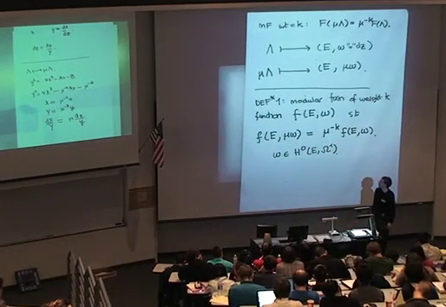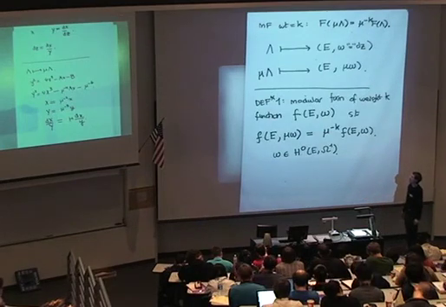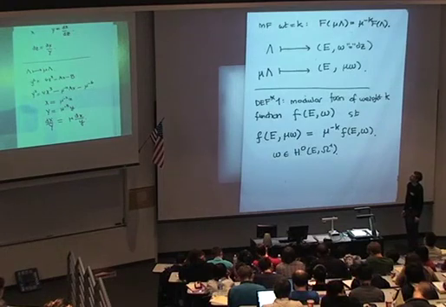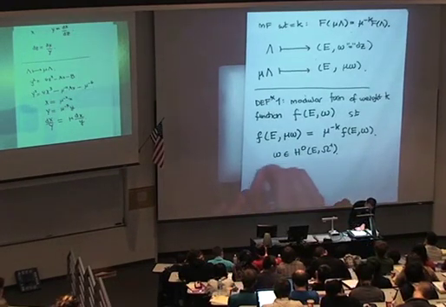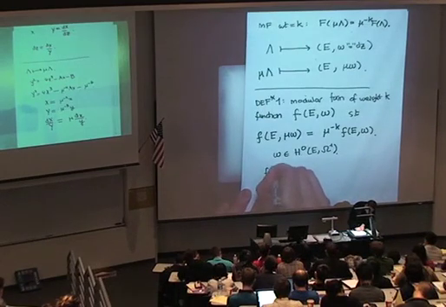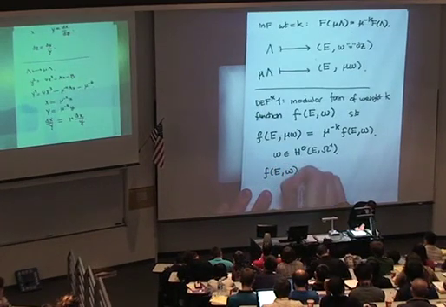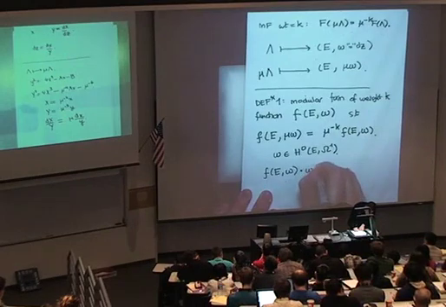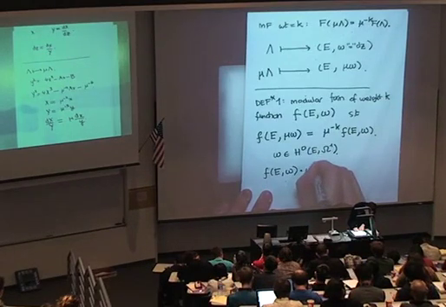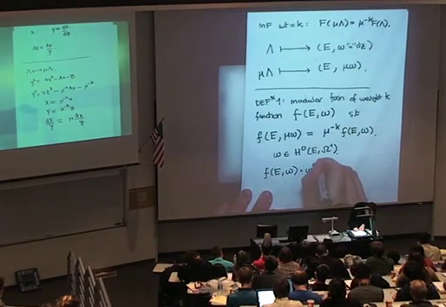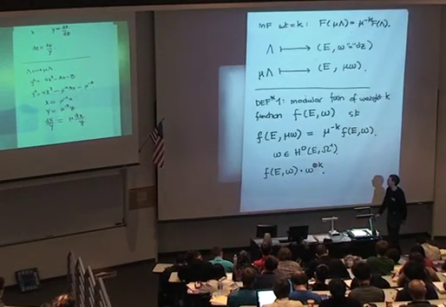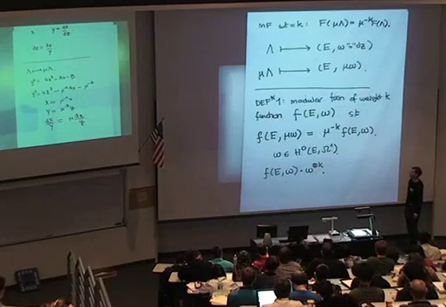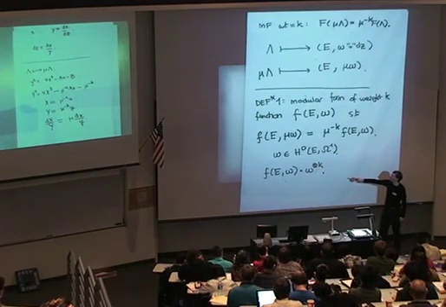So really the right object to think about is not really the function f of e omega. We really want to think of f of e omega and then multiply it by omega to the power of k. Well, it's a little bit naughty to multiply differentials, so let me just formally multiply them by putting a tensor in. So now we think of this object, and now we're somehow in good shape.